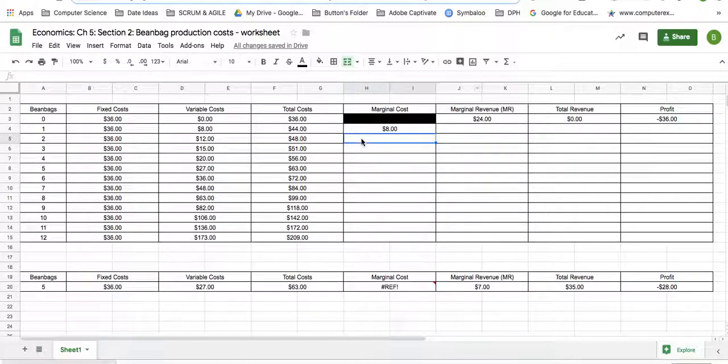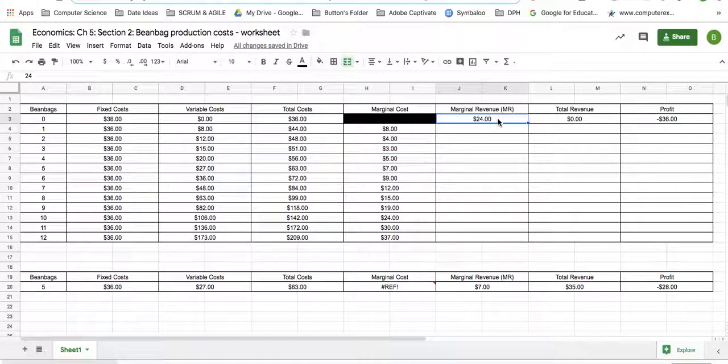Now the next one, we could go equals 2 beanbag total cost minus the cost of 1 would be $4. And we could use this formula all the way down to find our numbers here. So this begins to show us when we have 3 beanbags being produced, we'd have $3 of marginal cost. So it goes down, but then we see an increase. And that could be again due to the idea of lack of physical capital.